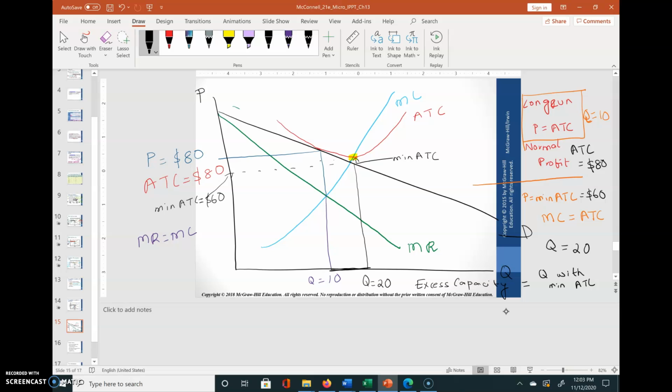From that I subtract the output that is produced with price equal to average total cost.